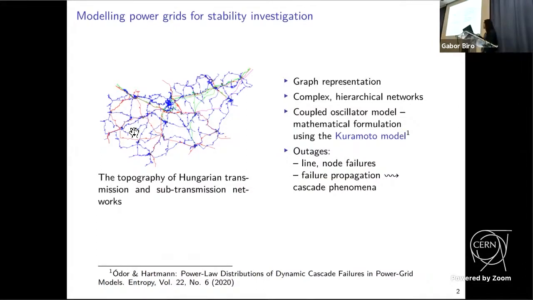And in case of, for example, a storm or any irregular activity on the grid, this stable synchronized state can easily just blow up. For example, if there's a power line cut by a branch or by a storm, this line failure, this line shutdown can then spread throughout the whole graph and cause a cascade phenomenon and maybe a huge blackout or huge outage.